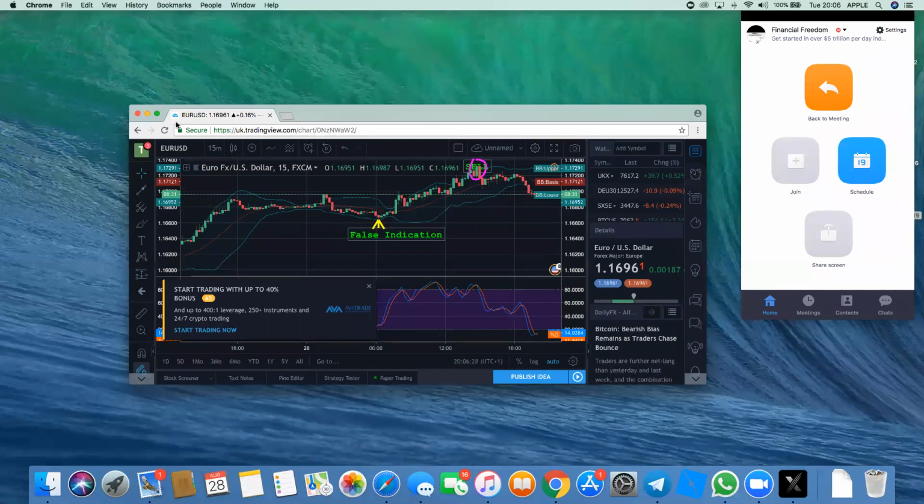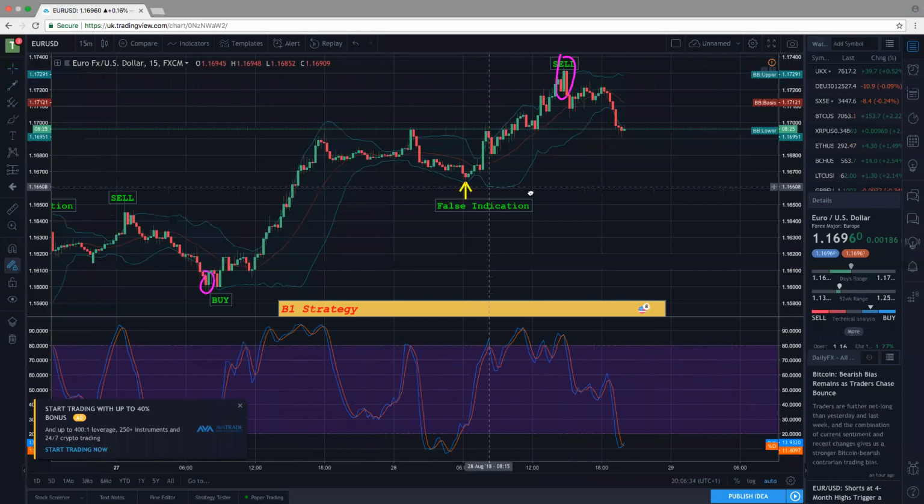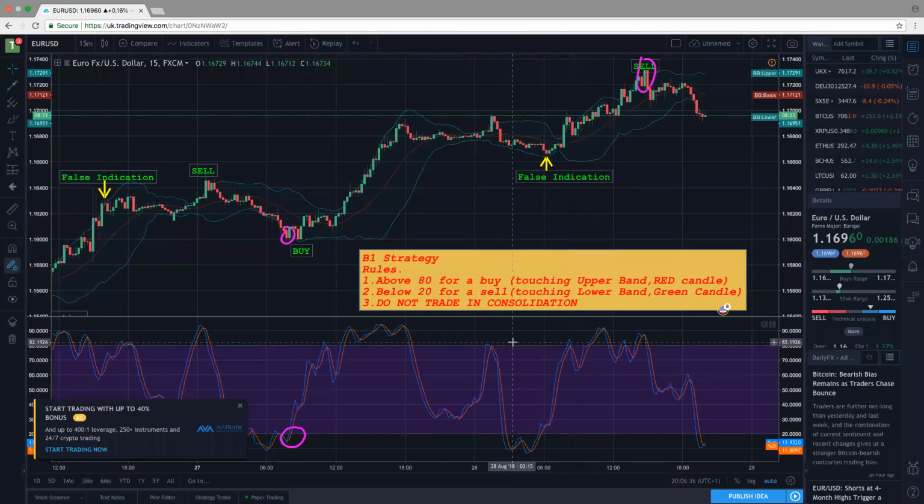All right, so again, for the people that just joined, this strategy is really simple. You only need Bollinger Band and stochastics, and the way you identify where to enter is by looking at the stochastics and looking at the chart.